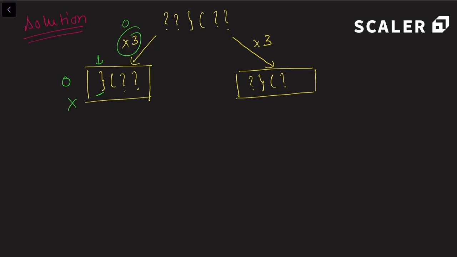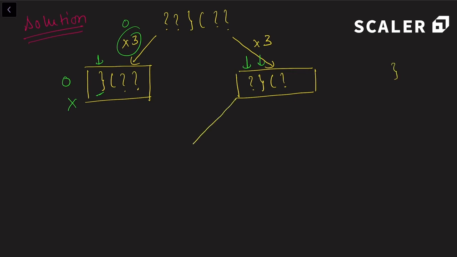Now let us move on to the second sub problem we have. Here let's fix this character as the first character of our current substring, or the character which will possess opening brackets, right? After that, I'll iterate for the closing bracket. So let's say I'm currently here and I assume that this is my closing bracket. Then in this case, since the closing bracket is not a question mark, I can only do this in one way.